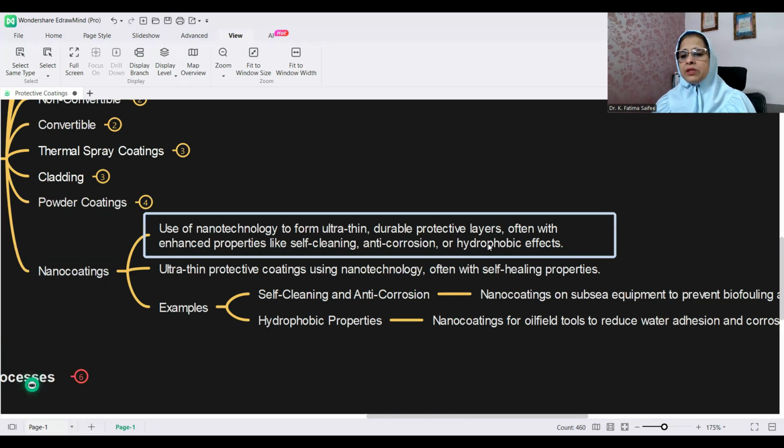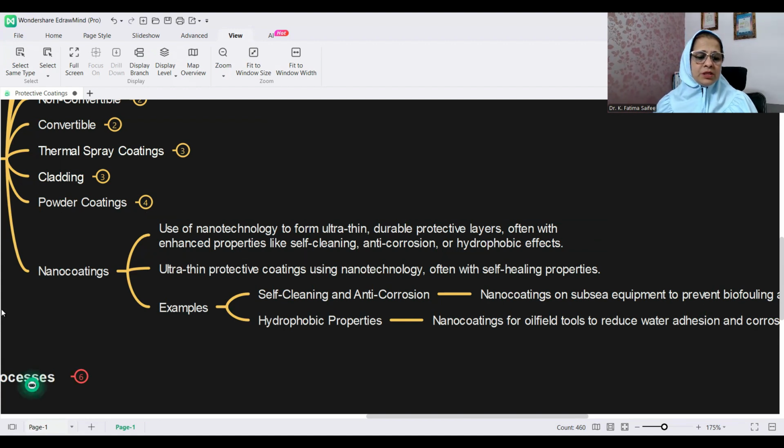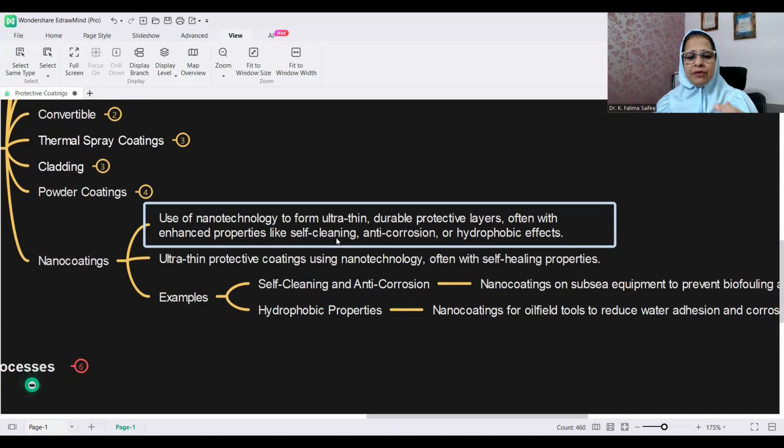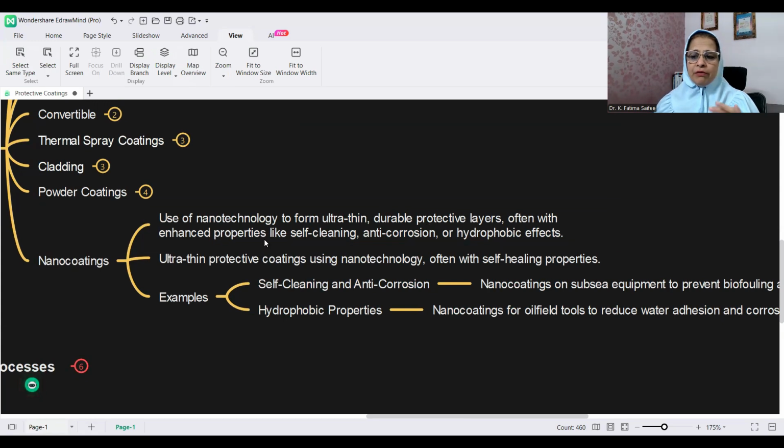Hydrophilic means it attracts water, hydrophobic means it repels water. So here we are using nanotechnology that forms very thin and durable protective layers.